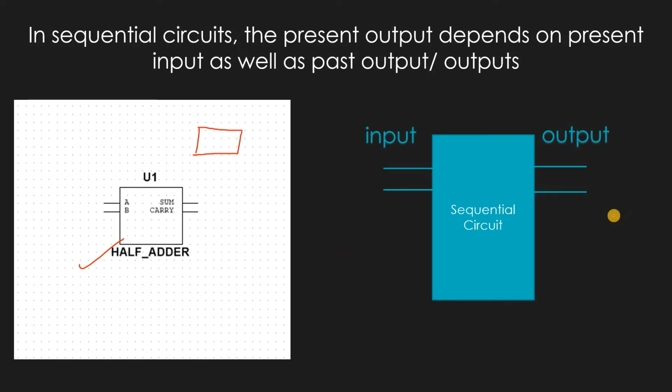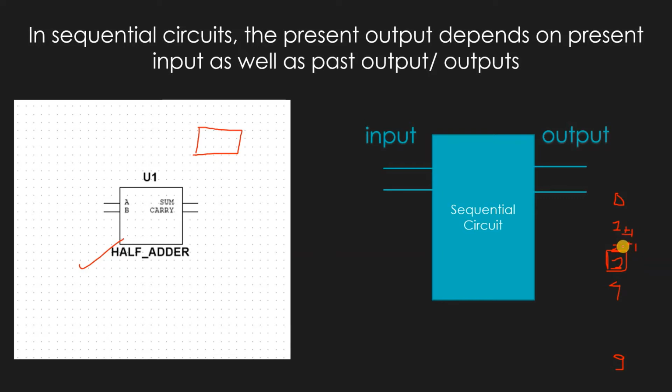But how? Suppose we are going to implement a counter, in which we are going to add. So 0, 1, 2, 3, 4 and so on, we can do all the decimal values up to 9. Suppose we want to get the output as 3. Basically, we are going to add 1 to every output.